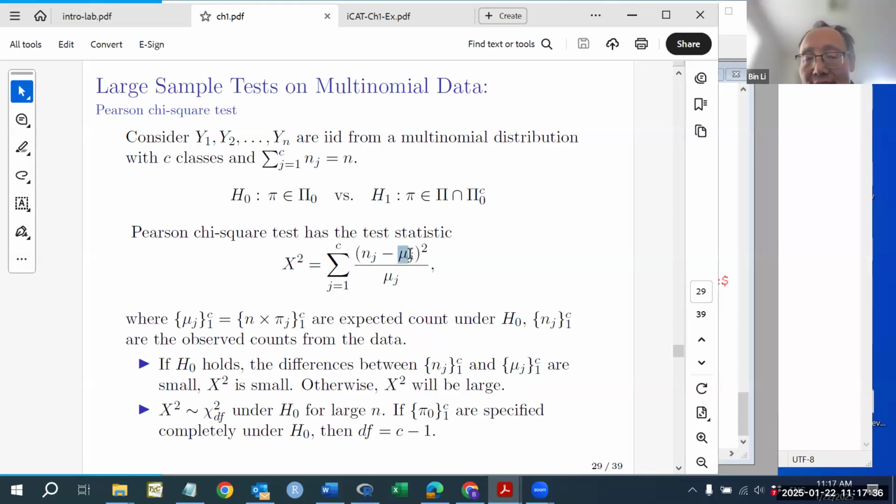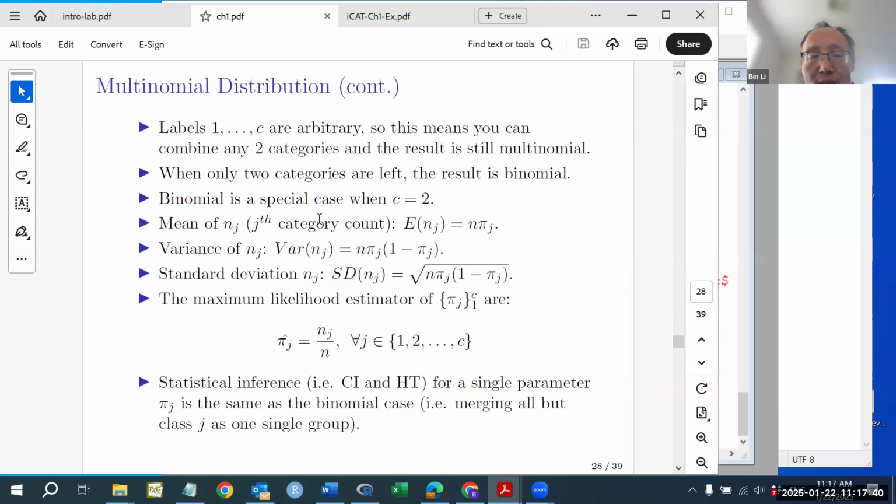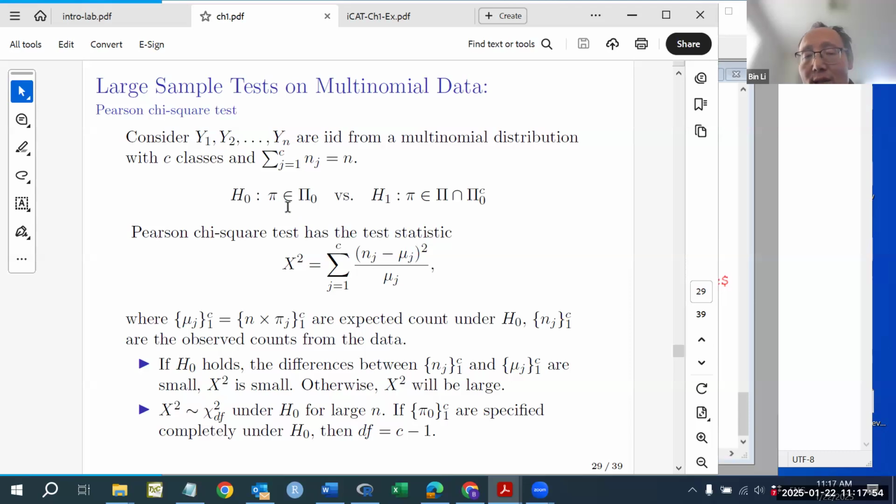Okay, and you may ask, what is the expected counts? The expected counts is the mean of NJ. For a null hypothesis, we specified some value for the categories 1, 2 to C. Let's say for category J, the proportion is pi j, and the total sample size is n.